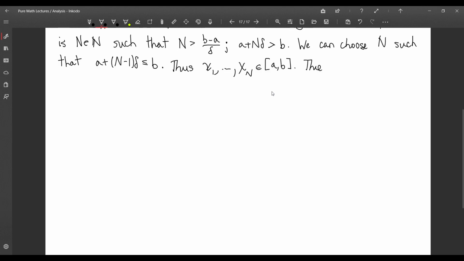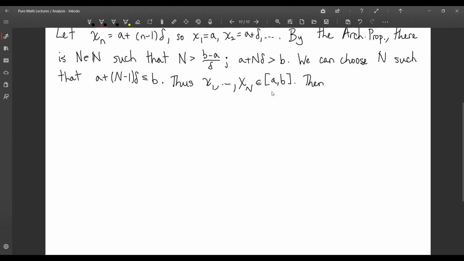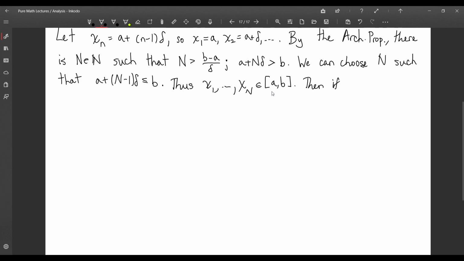Then we can essentially apply... if x is in A to B, then either... well, then x is in... essentially we enumerate like this, right?